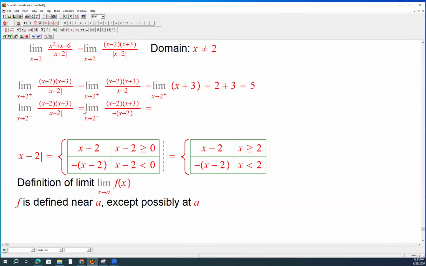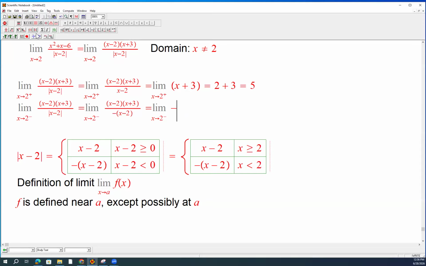Now x minus 2 and x minus 2 reduce, so we just have negative of x plus 3. So that's how we got negative 2 plus 3, equals negative 5.